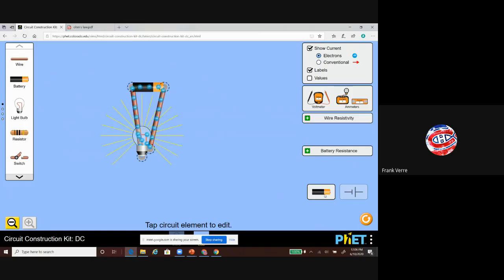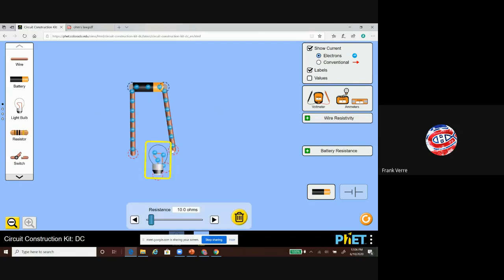So here is a simple circuit. Actually, let's make this look a little bit better. Hold on. Let me cut this. Let me cut this. Okay. Let's see. And let's make this a little bit nicer to look at.